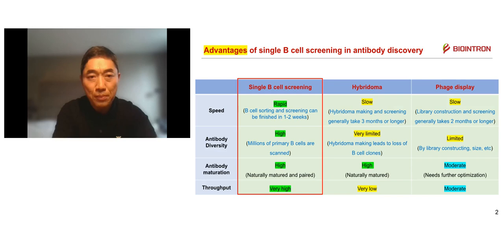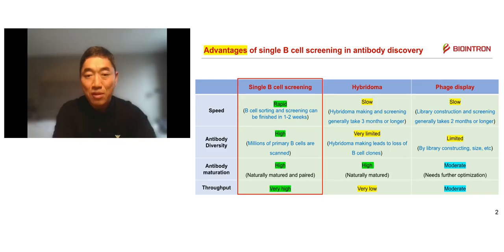Secondly is antibody diversity. I would say, for me at least, I care about antibody diversity very much at the very early stage. With hybridoma, as I said, you may lose plenty of B cell clones, or in many cases, most of them. So we have to find the best one from the remaining B cell clones. That's why its antibody diversity is very limited.